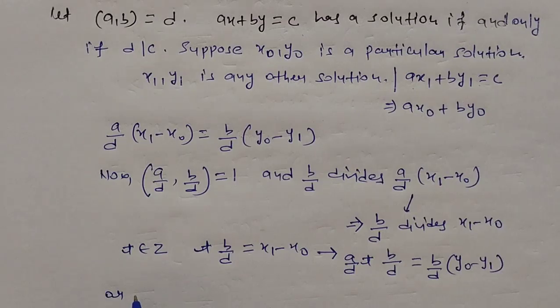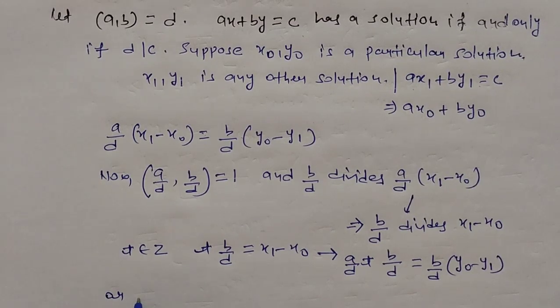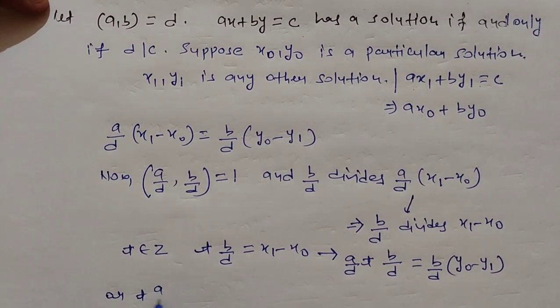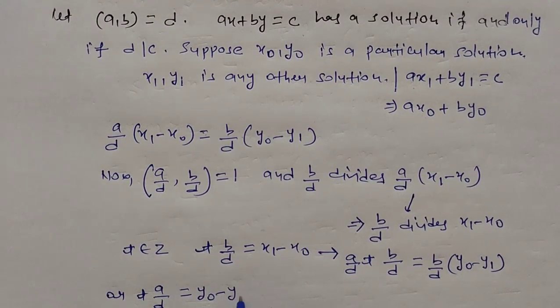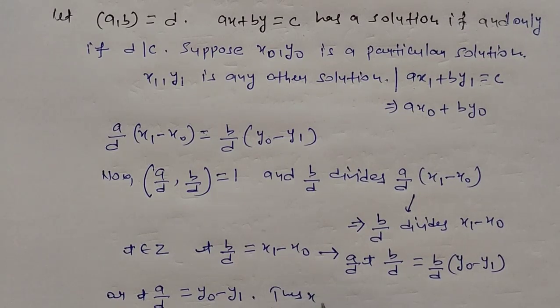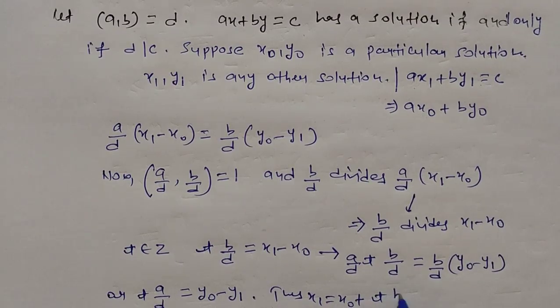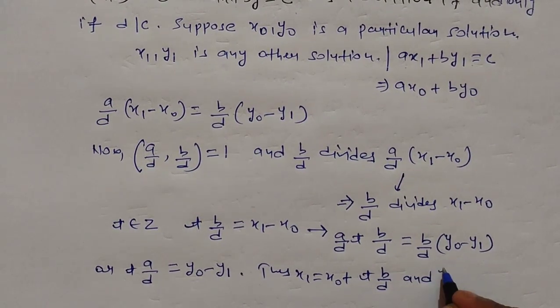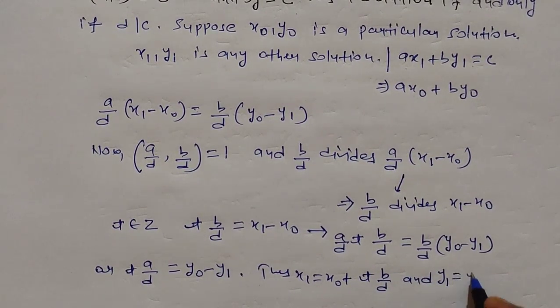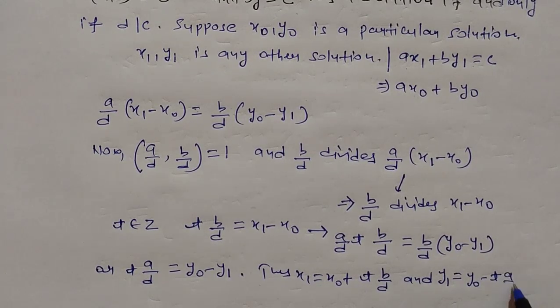Simply we can write t a by d is equal to y naught minus y1, and thus x1 is equal to x naught plus t b by d, and secondly y1 is equal to y naught minus t a by d.